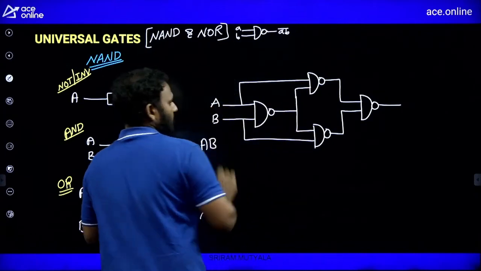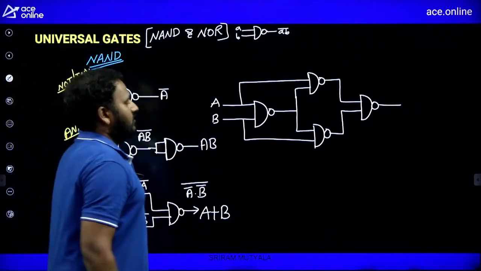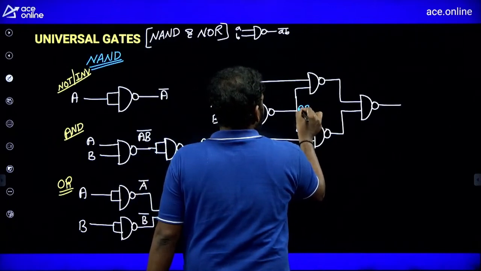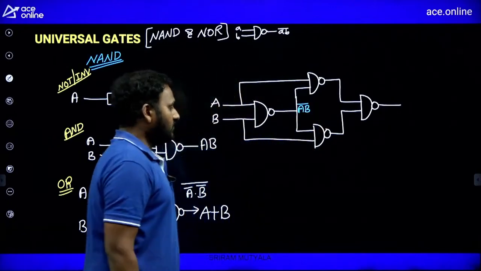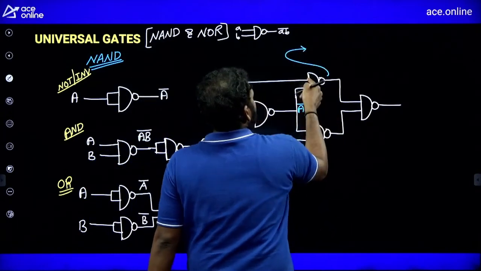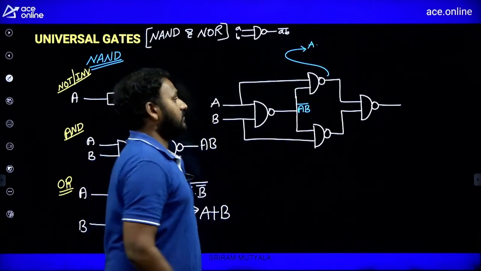Excitations are AB. This is AB bar. Okay, AB bar. If you write the expression here, A dot AB bar whole bar.